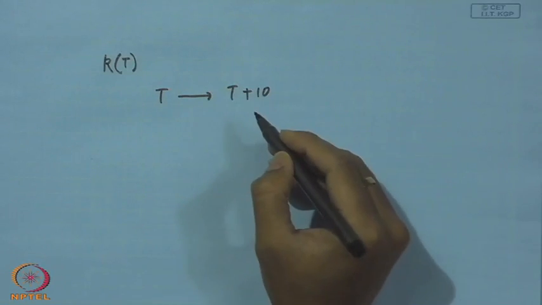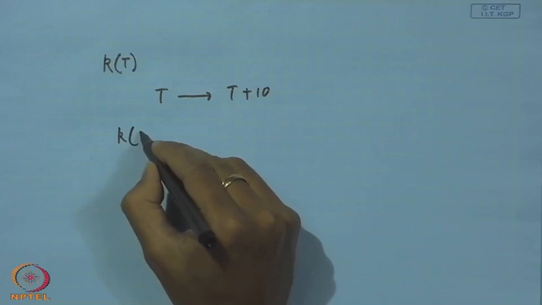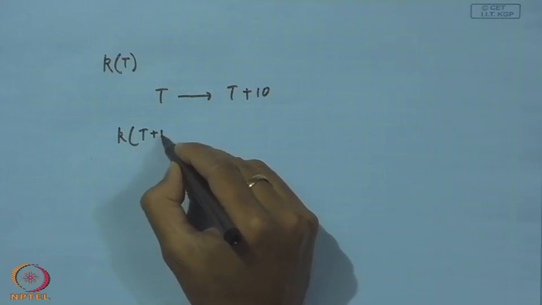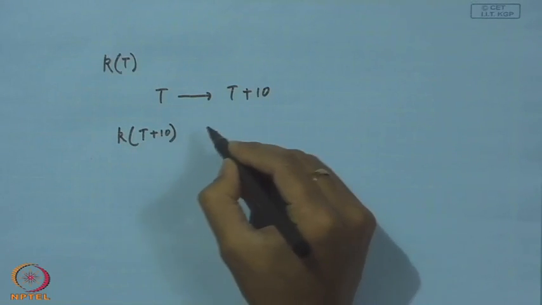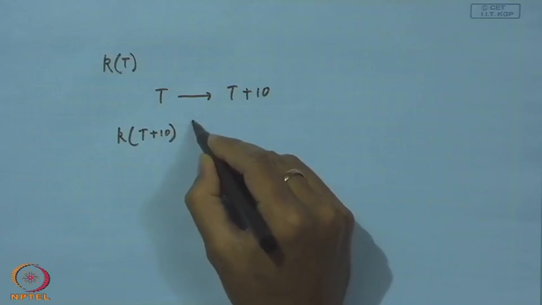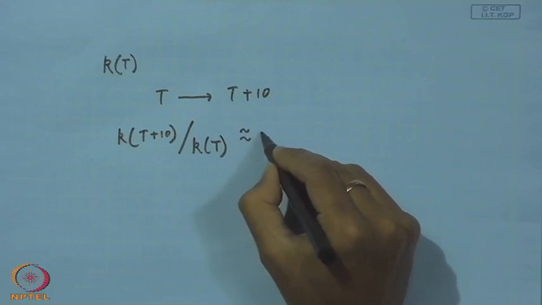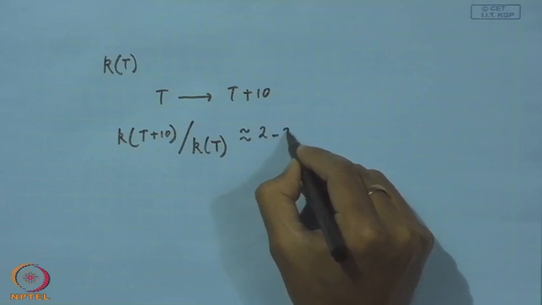In that case it is found that the rate constant at T plus 10 is about 2 to 3 times more than k at T.